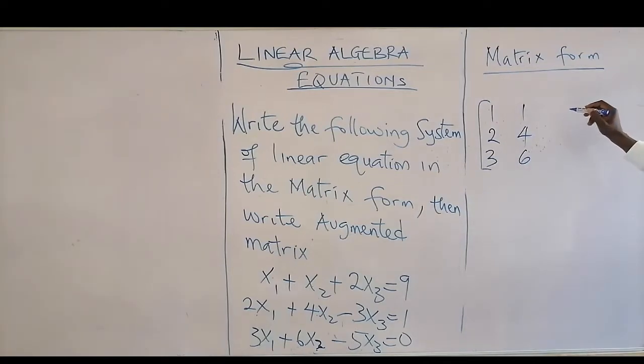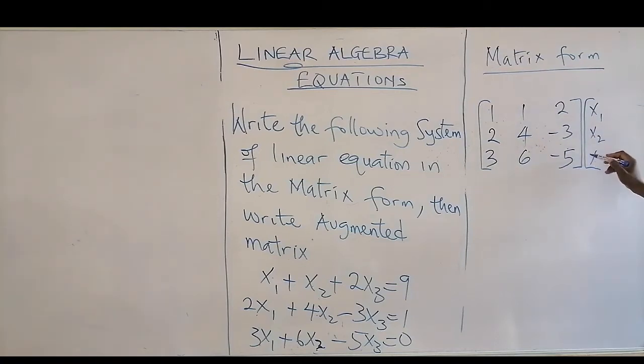And then x3, that's 2, minus 3, minus 5. Okay, and those variables x1, x2, x3 are then equal to 9, 1, 0. So that's the matrix form.